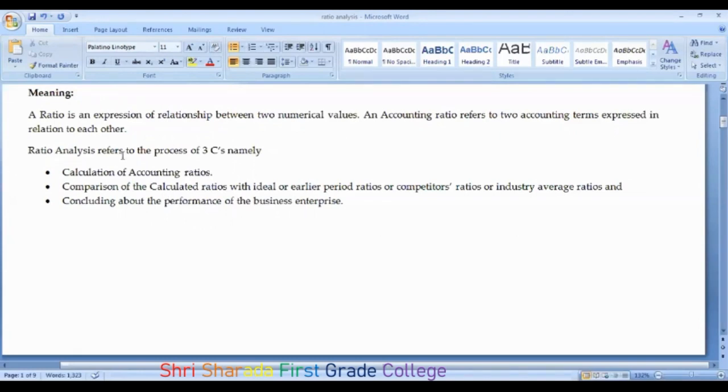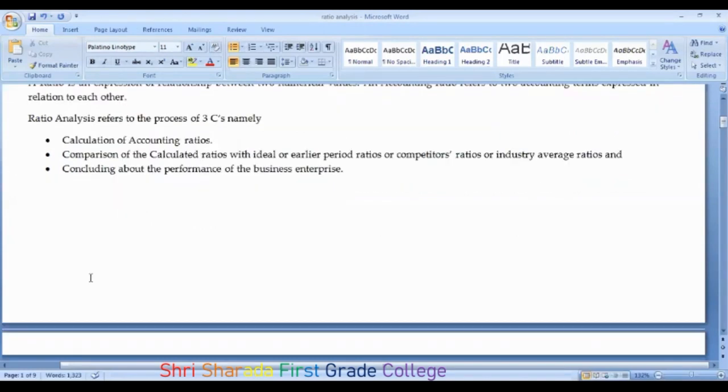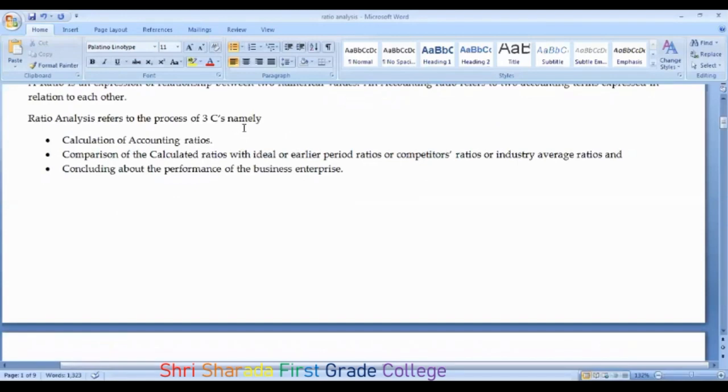Here, ratio analysis can be understood as a process of 3 C's. Which are the 3 C's we will learn. It is going to calculate the accounting ratios, then compare the calculated ratio with the ideal ratio, an earlier period ratio, a competitor's ratio or the industry average ratio, and also conclude about the performance of the business.